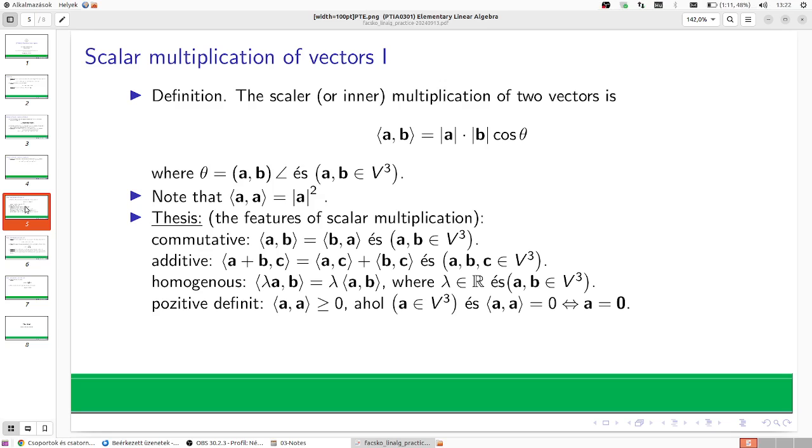The components are numbers. So this is a sum, this is a sum, this is a sum. The sum of normal numbers, scalars, is associative.